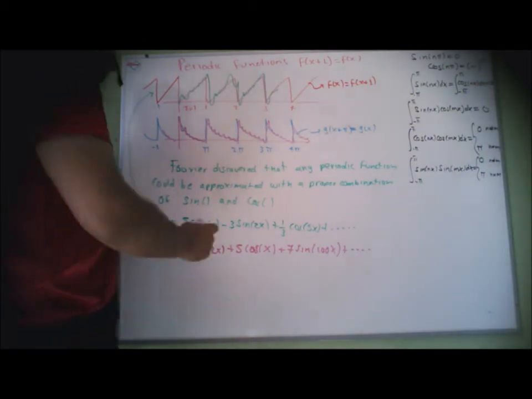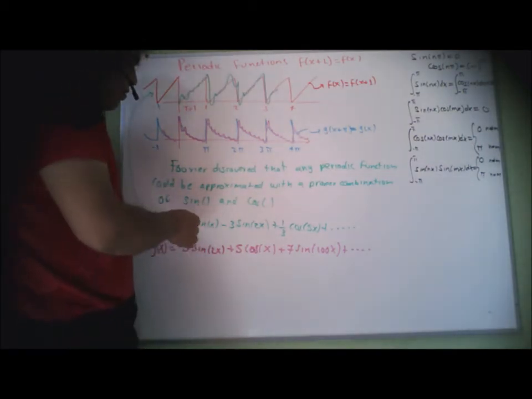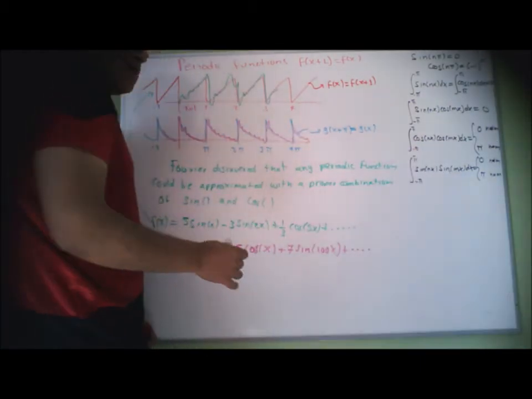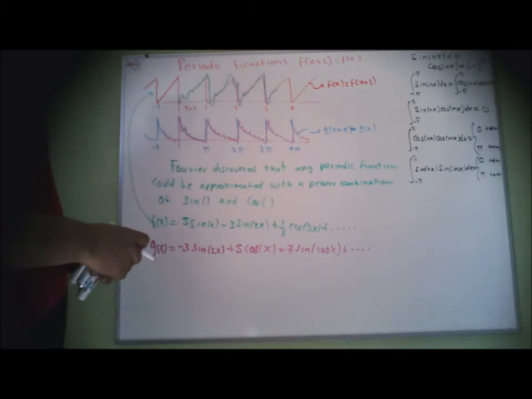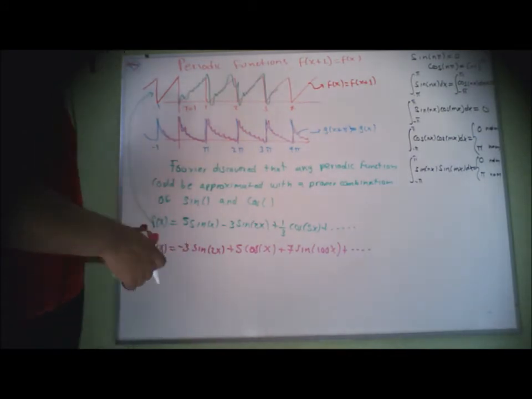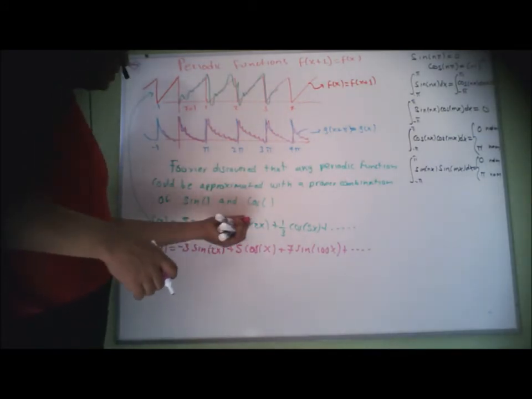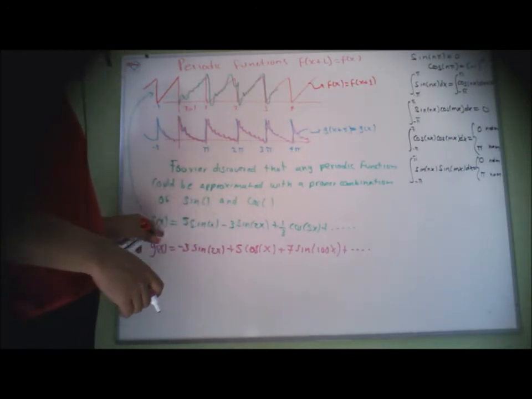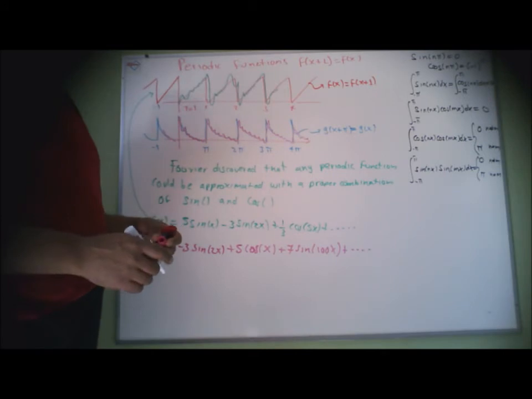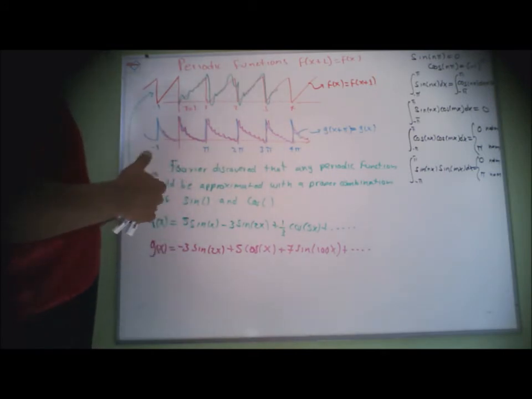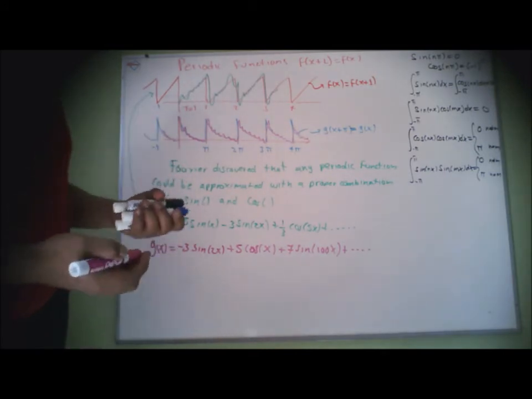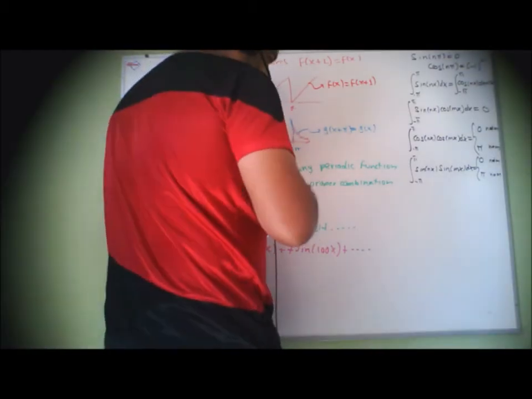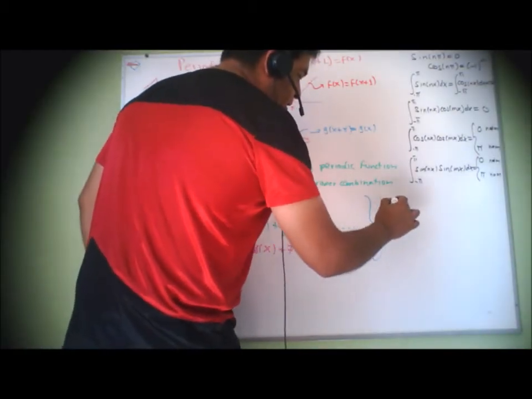Now, it is a series because it is not only one single sine and cosine, it's a series of sines and cosines. So he discovered that with the proper coefficients, you can match the sines and cosines to the periodic function. Now, what is the right combination?